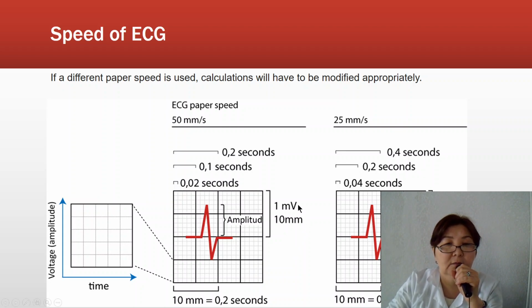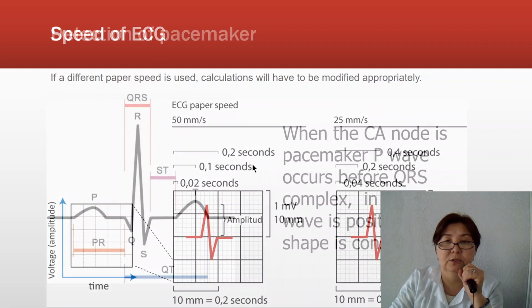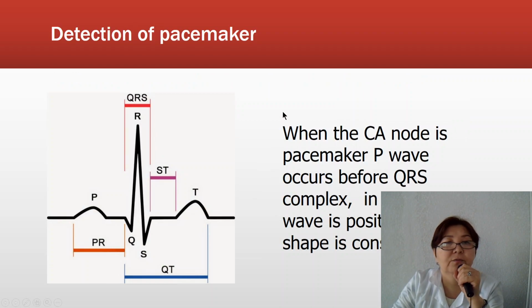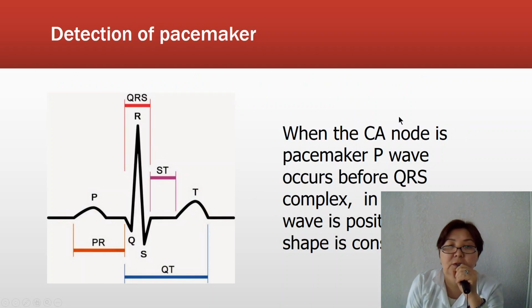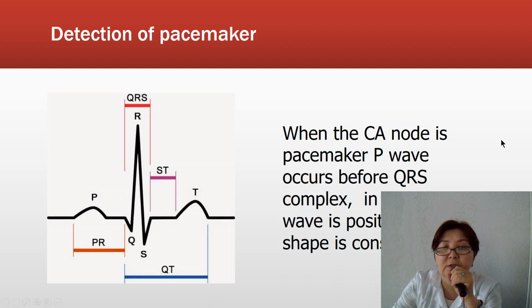Here it's written the measurements of the ECG. Detection of pacemaker. When the sinoatrial node is the pacemaker, the P wave occurs before the QRS complex. In lead second, the P wave is positive.